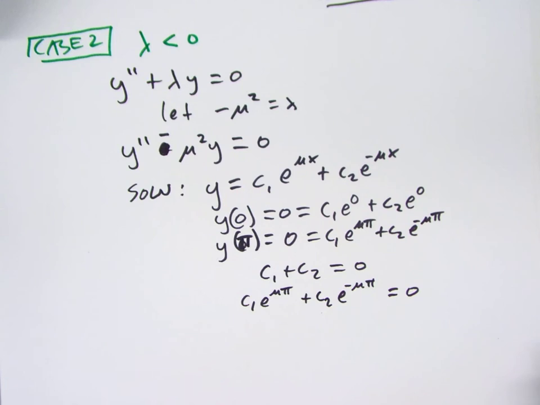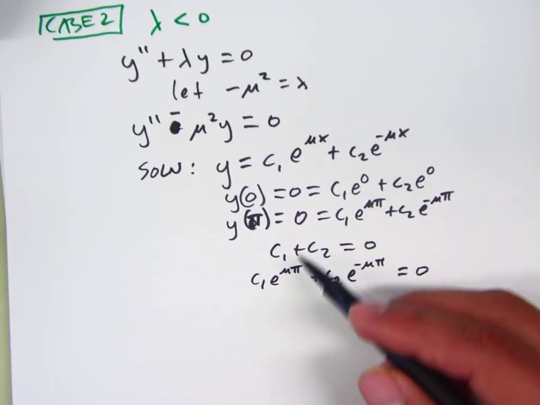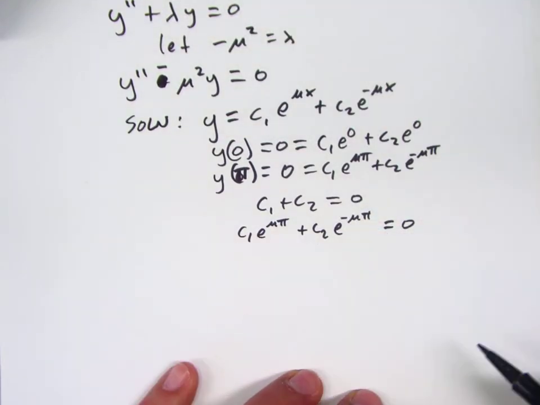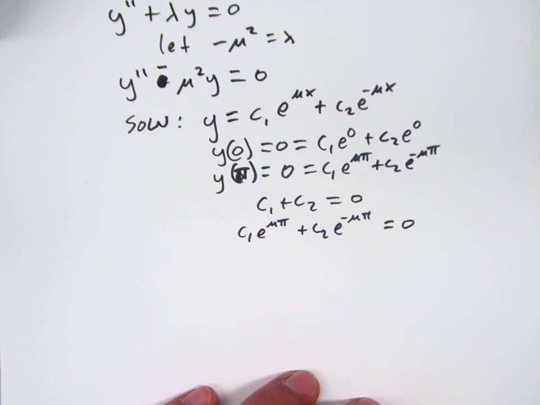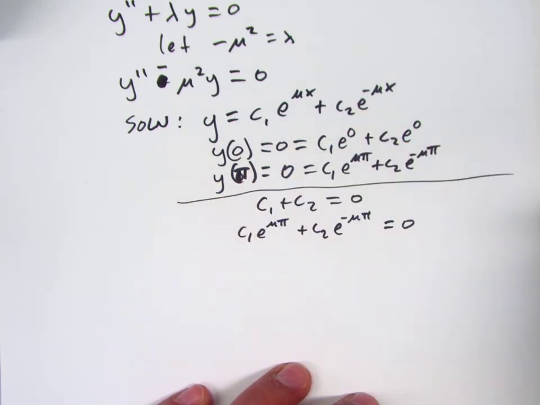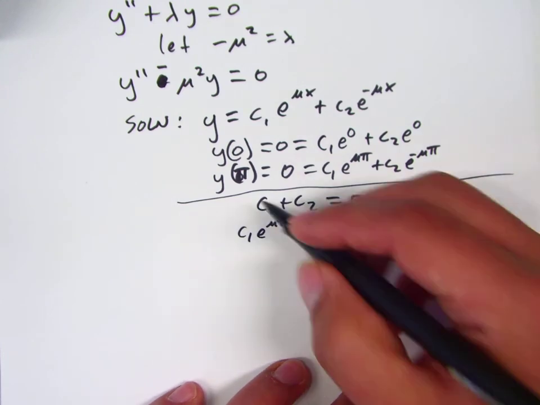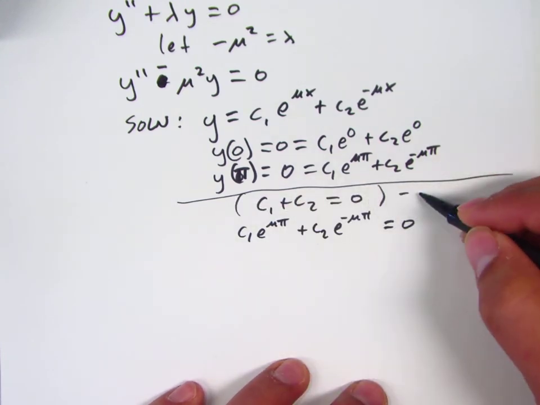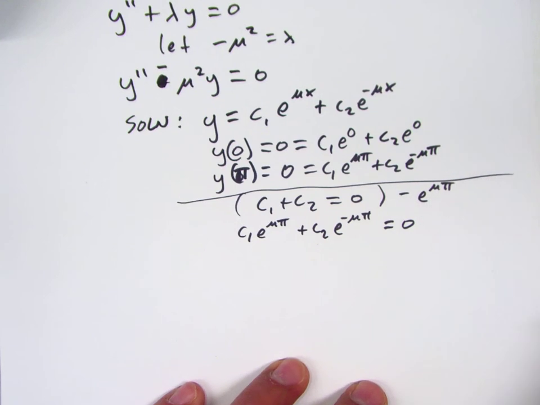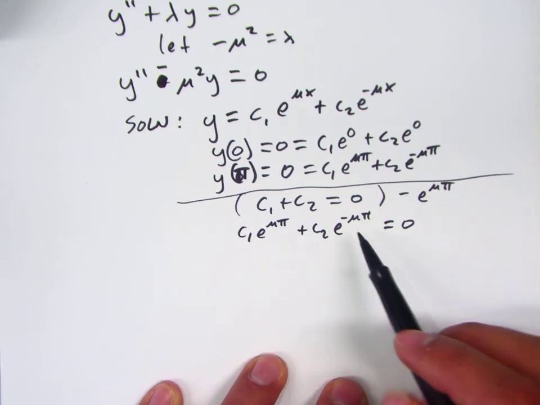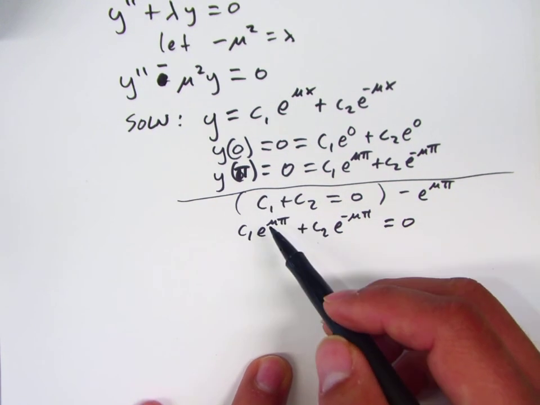Well, let's see if we can solve it. When we normally have a system of equations like this, we try to eliminate or substitute, right? So what I'm going to do is multiply the first equation by minus e to the mu pi. Do you guys see that would cancel out?